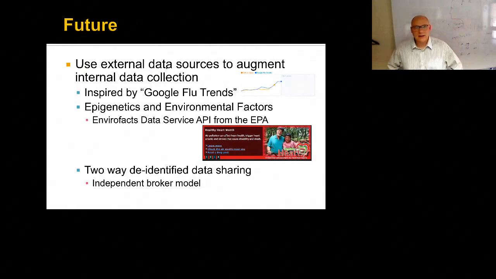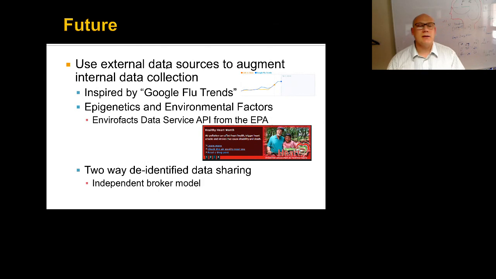And just the last slide here is ideas that we have on the future. We'd really like to use external data sources to augment this internal data collection that we have. So we have a tremendous amount of data already. But inspired by the Google Flu Trends work, there are many different external data sources available as well. So how do we look at the epigenetics of Huntington's disease by taking into account, for instance, environmental factors?